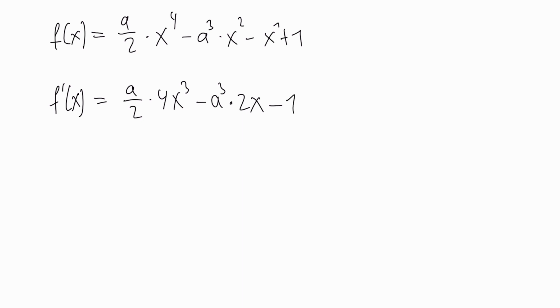And constants like 1, you see at the end there, we always get rid of when we derive. So now we can simplify and cancel out 2. So a over 2 times 4, we can cancel out the 2, which leaves us with 2a times x to the third power minus a to the third power times 2x minus 1.